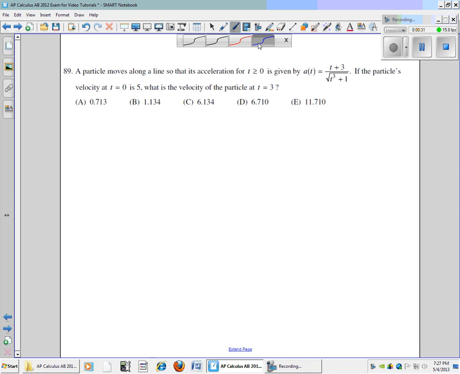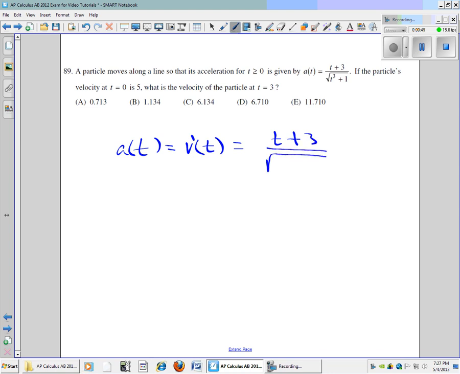So what we're looking at is the velocity function. And one of the things that we need to know is that the acceleration is equal to the first derivative of the velocity. And so we're given for that to be t plus 3 divided by the square root of t cubed plus 1. So our setup will look like this.